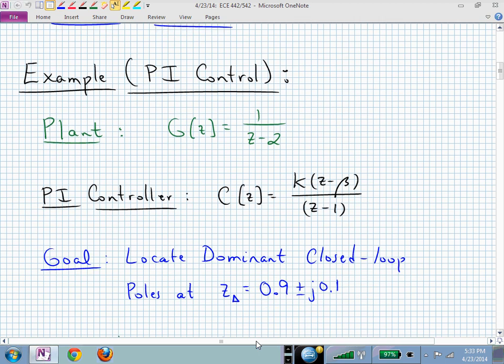And we wanted to locate our dominant poles slightly inside the unit circle with a real part of 0.9 and an imaginary part of 0.1. And now we wanted to see, can we select the zero location, the value of beta, and the gain k to get us to those dominant pole locations.